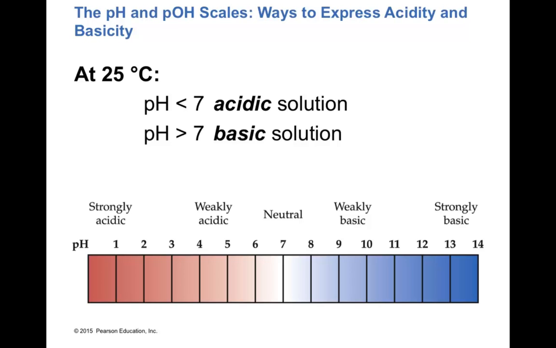And if the pH is equal to 7, the solution is going to be neutral. So here we have the pH scale from 0 to 14. 7 is the neutral one. Lower than 7, all of these pH values are acidic, and higher than 7, all of these are basic.